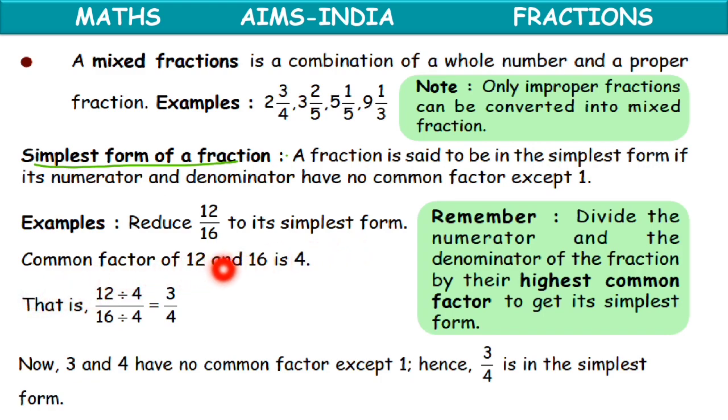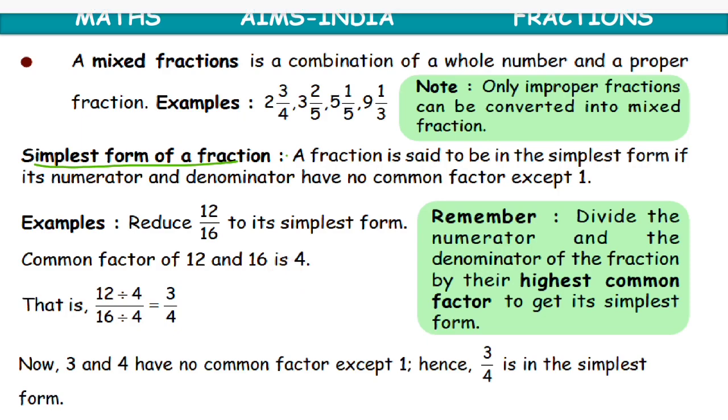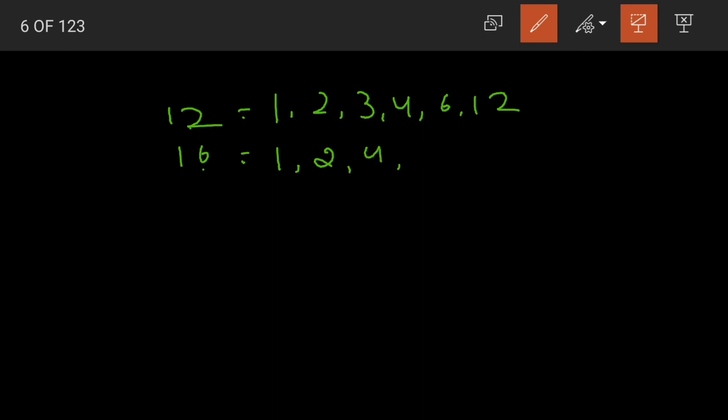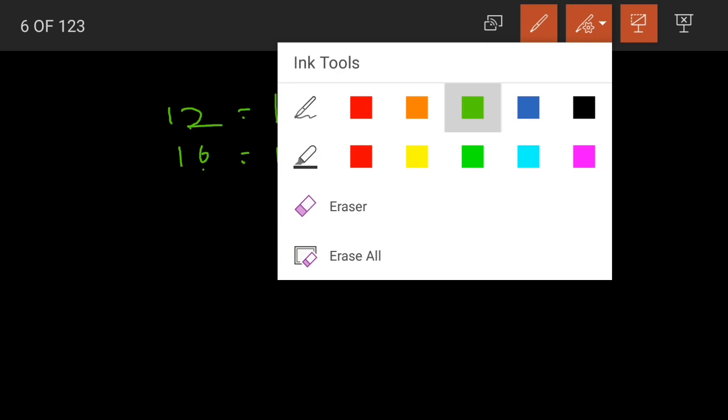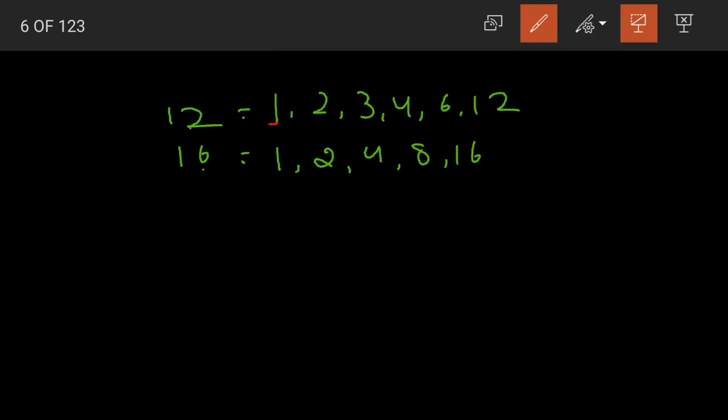If we write the factors of 12 and 16, the factors of 12 are 1, 2, 3, 4, 6 and 12. The factors of 16 are 1, 2, 4, 8 and 16. So what are the common factors of 12 and 16? We have 1, 2 and 4.